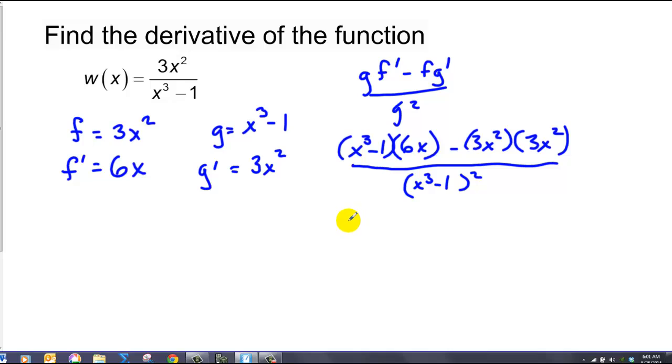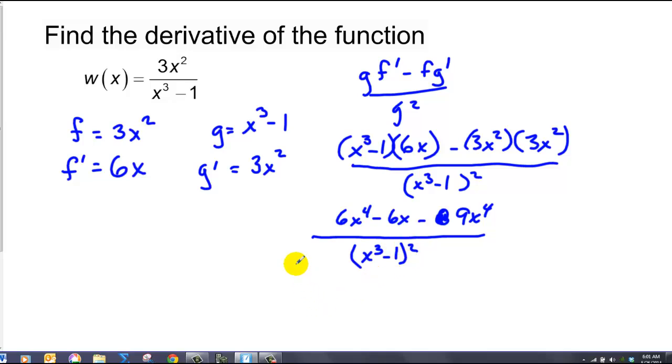And clean that up. We have 6x to the 4th minus 6x minus 9x to the 4th, sorry, I lied, minus 9x to the 4th, all over x cubed minus 1 squared.